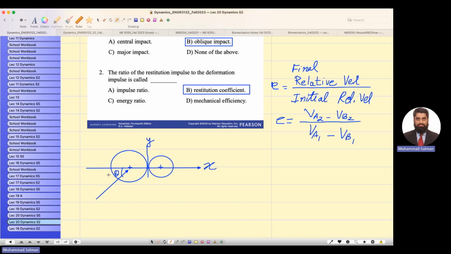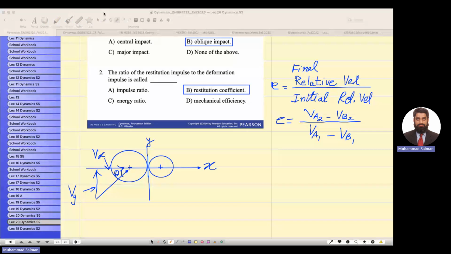You have to resolve this: this component is vx, this component is vy. The main takeaway is that the coefficient of restitution will always consider those velocities which are aligned with the line of impact. You will also see some more formulas in a bit. Let's see the next slide.